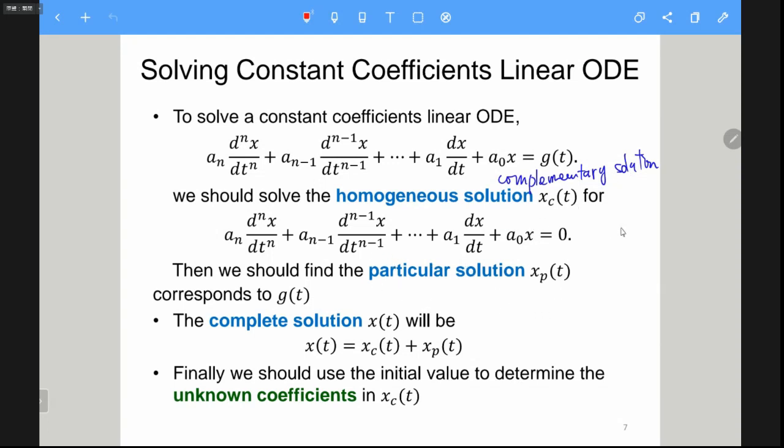It depends on what g of t is, what the form is. For some forms you can just use an assumption: this is the form for the solution for this type of g of t. Finally, after we get the homogeneous solution and the particular solution, we can just add them together to form the complete solution, and then we can use initial values, if we have them, to determine the unknown coefficients in the homogeneous solution.